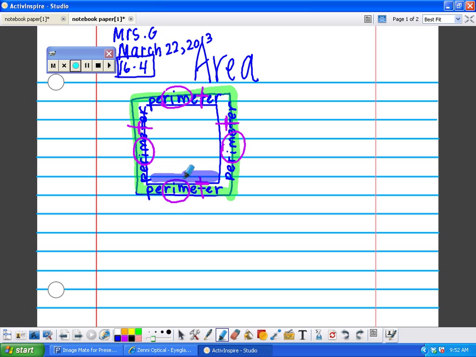Let's get your pencil, or you can even switch highlighters with a friend who has a different color, and shade it a different color. The inside of our shape is the area. And that's what we're going to be looking at today. Yesterday we talked about the outside rim. Today we're going to be talking about the inside. Okay?